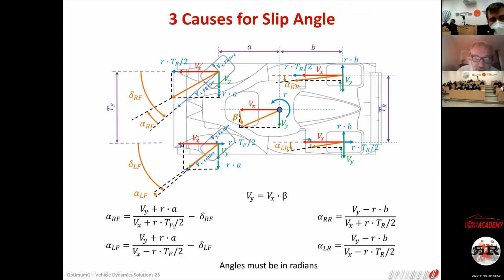It's also a function of the half track front and rear, minus the steering angle. And may I remind you that the steering angle on the left front and right front is not necessarily the same because of the Ackermann.